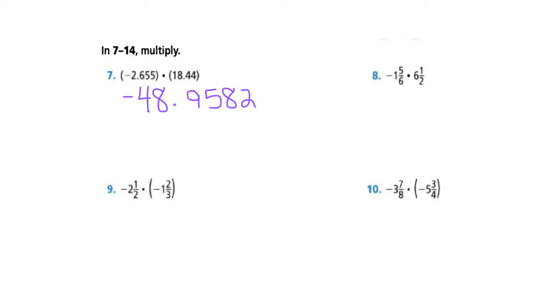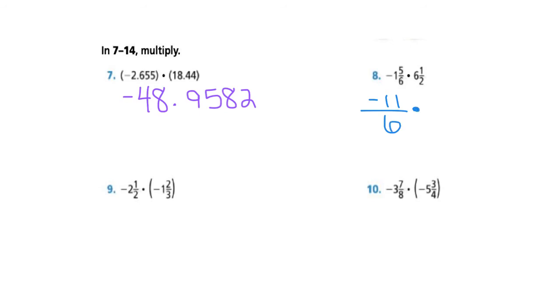Let's go to number 8. We have two fractions. Let's see what happens when we turn them into decimals. Well, 6.5 is 6.5. But -1 5/6, 5/6 is a repeater, so we are going to leave this in fraction form. Let's change them into improper fractions. -1 5/6. 6 times 1 plus 5 is -11/6.